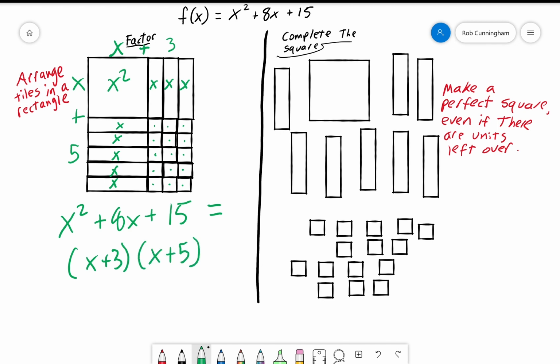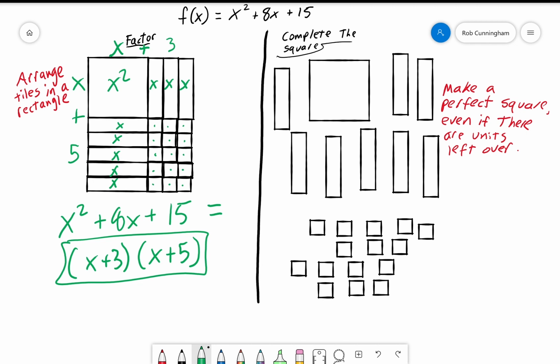So what we've done is we've taken our x squared and our 8x's and our 15 little ones, and we've created a rectangle that is x plus 3 width and x plus 5 length. So the area, x squared plus 8x plus 15, can also be expressed as x plus 3 times x plus 5. And again, if you ever feel like you have the slightest doubt in your answer whatsoever, you should multiply those back out and see that it is what it is.